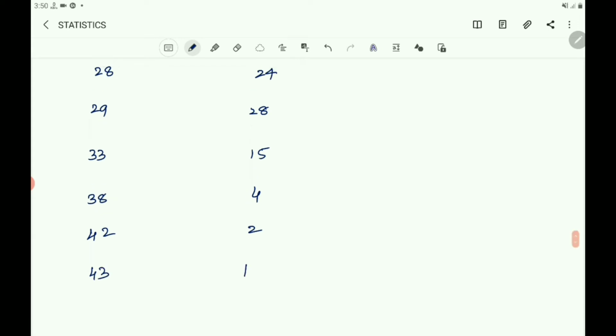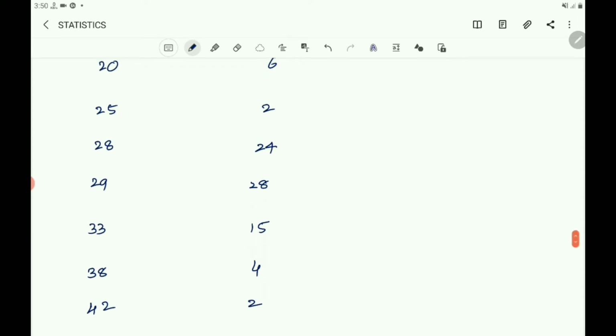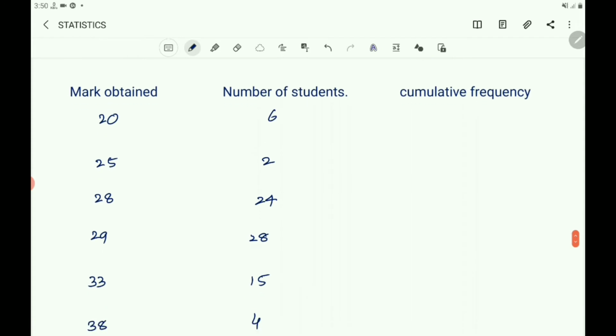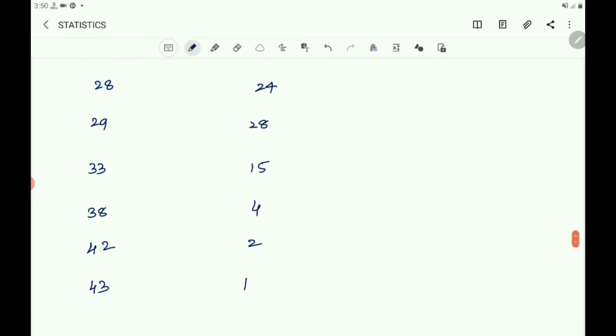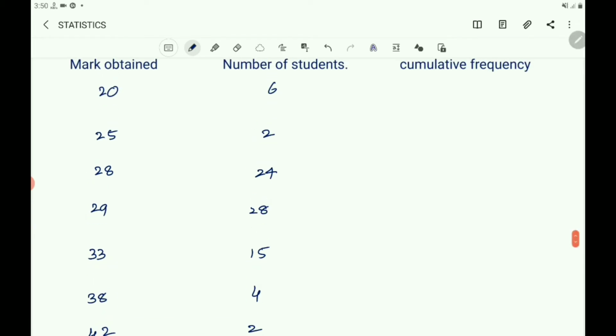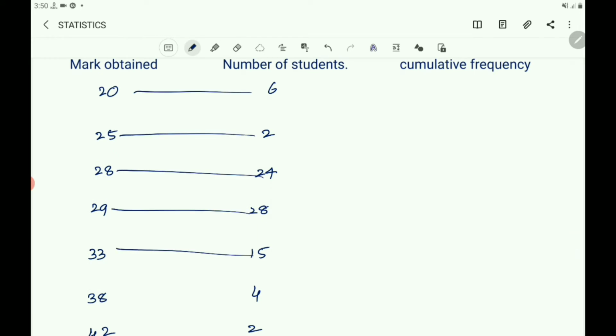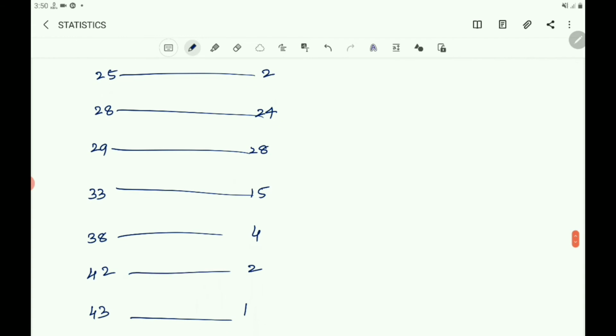So you got 20, 6 times; 25, 2 times; 28, 24 times; 29, 28 times; 33, 15 times; 38, 4 times; 42, 2 times; 43, 1 time. The corresponding frequencies are taken this way.